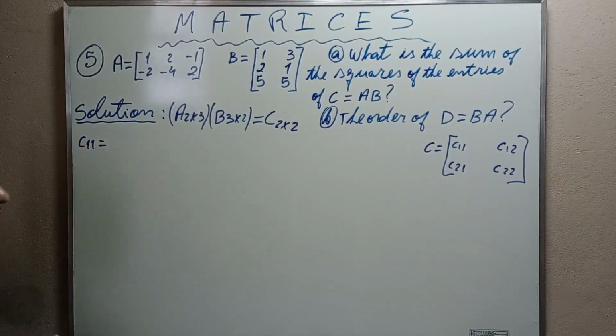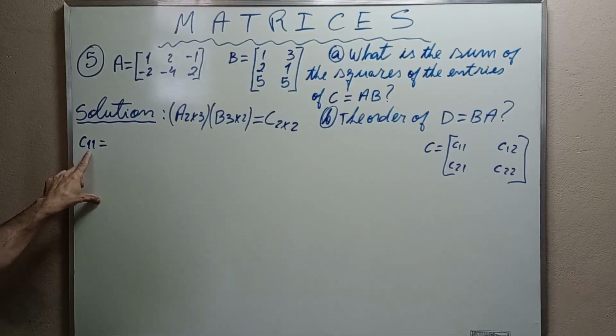C11. C11 will be obtained from the multiplication of the entries of row 1 of the first matrix by the entries of the first column of the second matrix, okay?